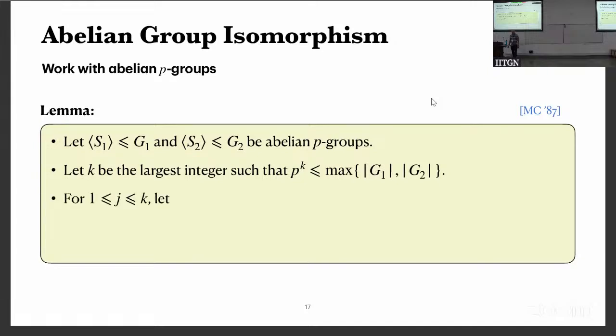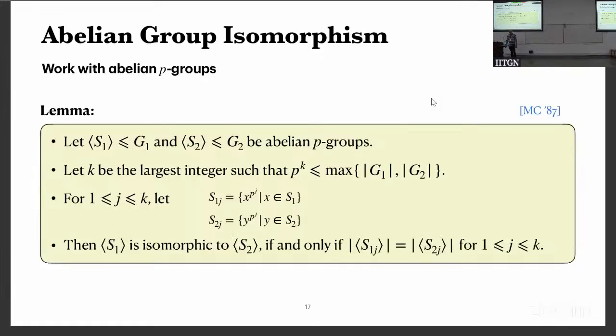here you have a criterion for isomorphism, which is that the two sets, the powers of x to various p powers to the jth power, are the same in cardinality as the corresponding set in the other case.